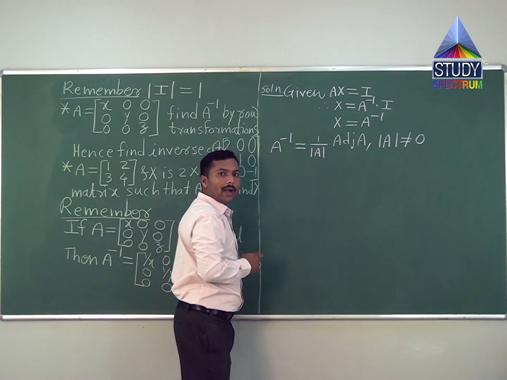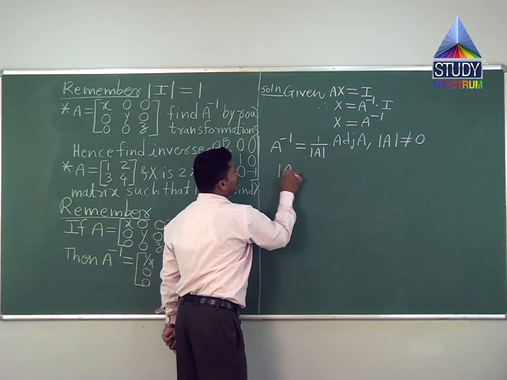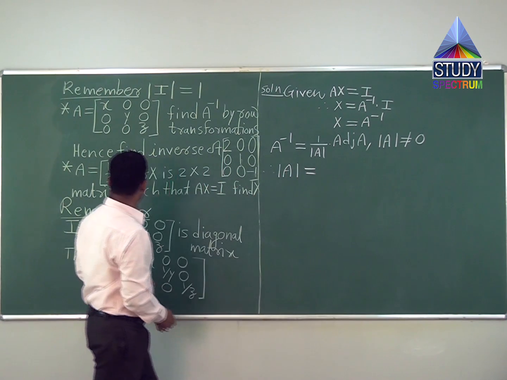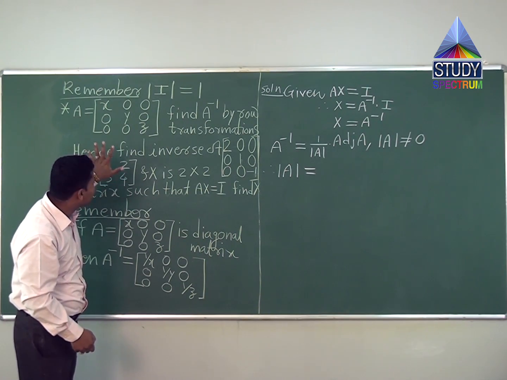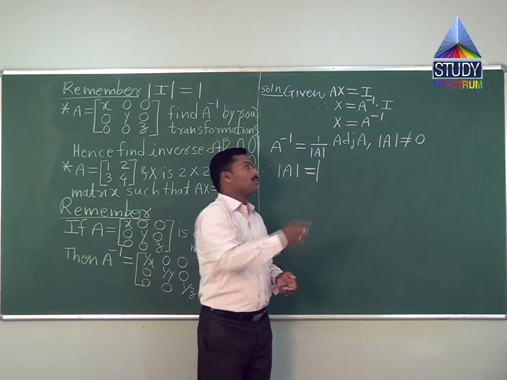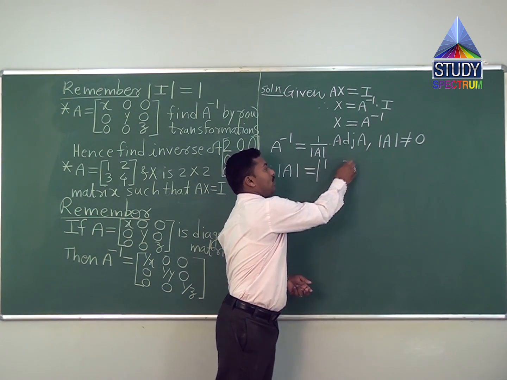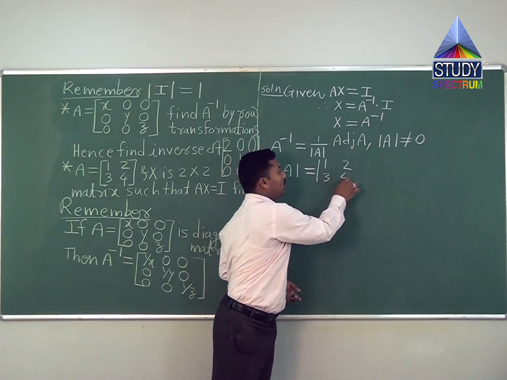So first we find the determinant of A. We take the determinant of this matrix A: first row 1 2, second row 3 4.